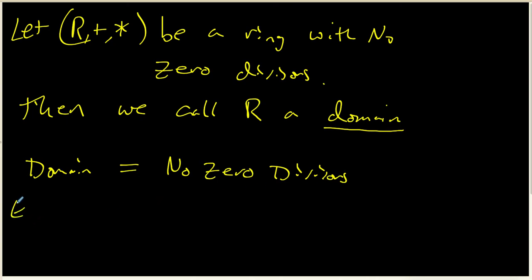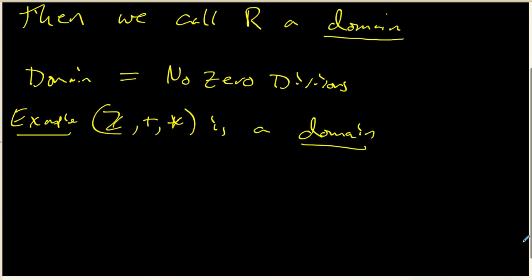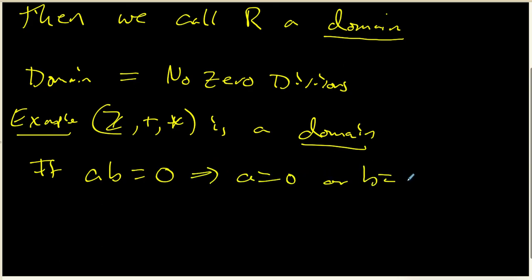As an easy example of a domain, the integers under their ordinary arithmetic is a domain, because inside the integers we do know that if a times b is equal to 0, that will force a equal to 0 or b equal to 0. And so inside Z, there are no zero divisors.